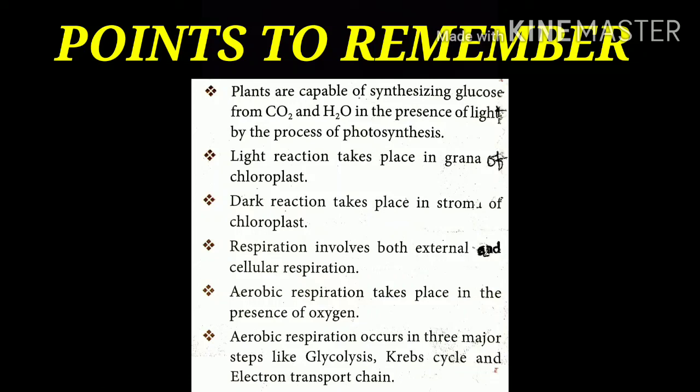Dark reaction takes place in stroma of chloroplast. Respiration involves both external and cellular respiration. Aerobic respiration takes place in the presence of oxygen. Aerobic respiration occurs in three major steps: glycolysis, Krebs cycle, and electron transport chain.